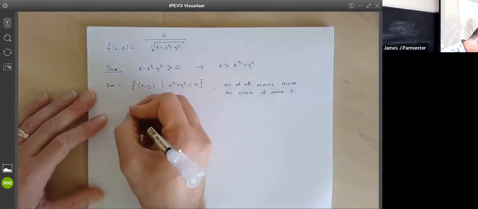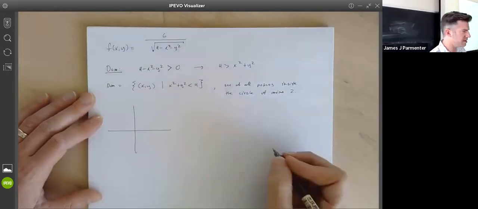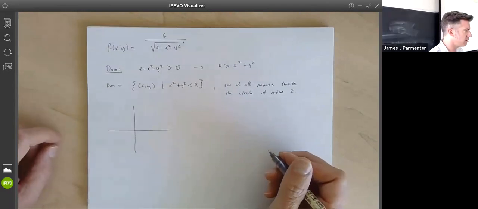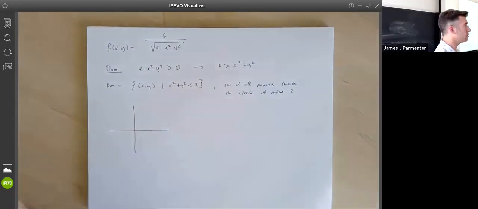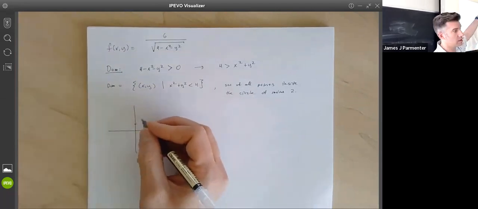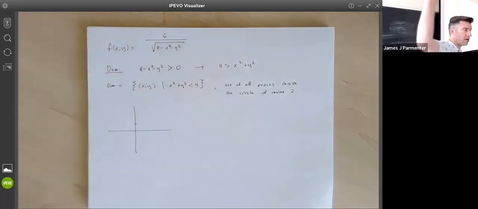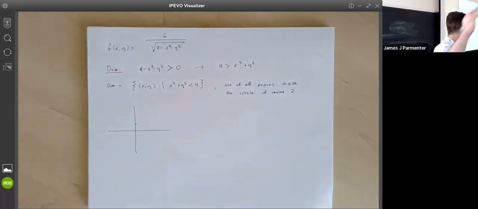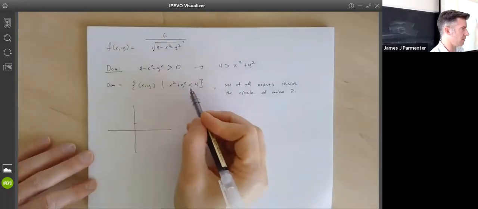Let's draw it. Do I want a dashed boundary or a solid boundary? I should really ask, am I including my boundary or not? Who votes for including? Who votes for not including? Yeah, we're not including, because I don't have an equals in my inequality.